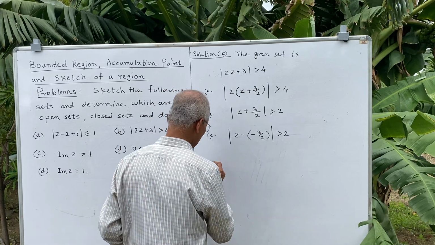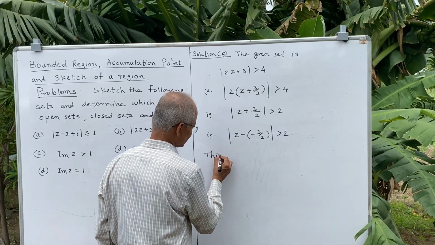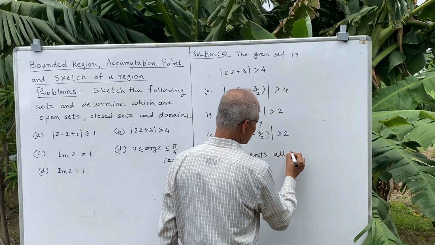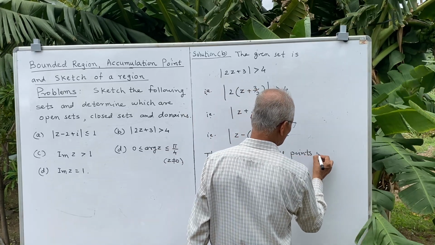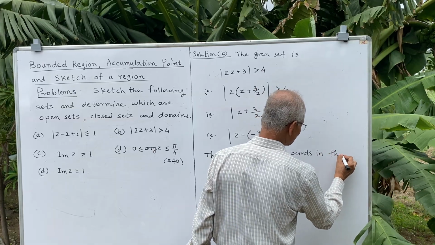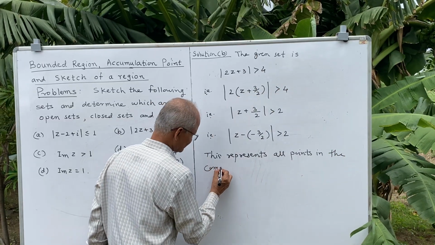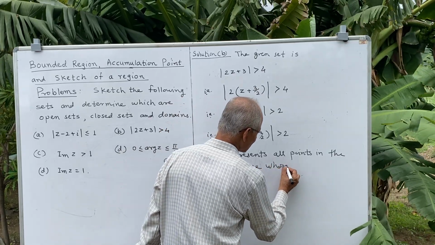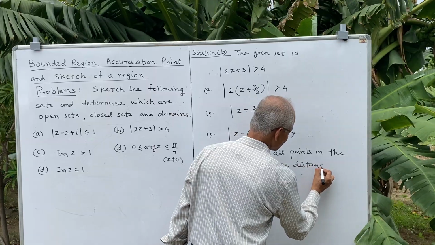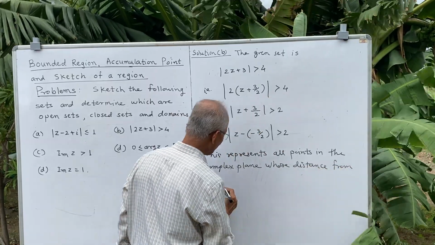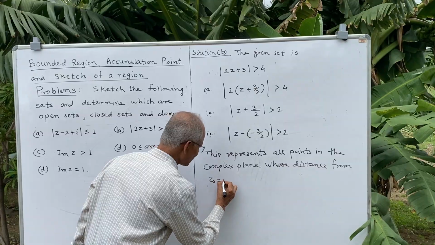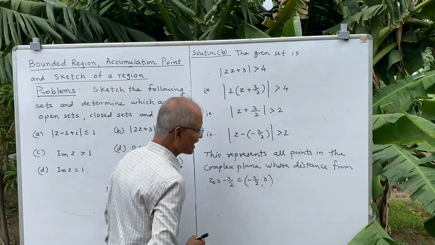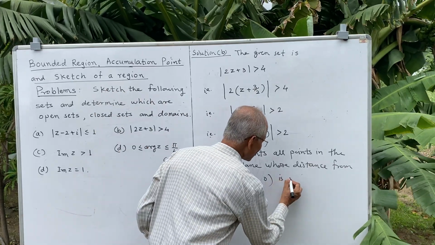and therefore this represents all points in the complex plane whose distance from z0 equal to minus 3/2, whose imaginary part is 0, is greater than 2.